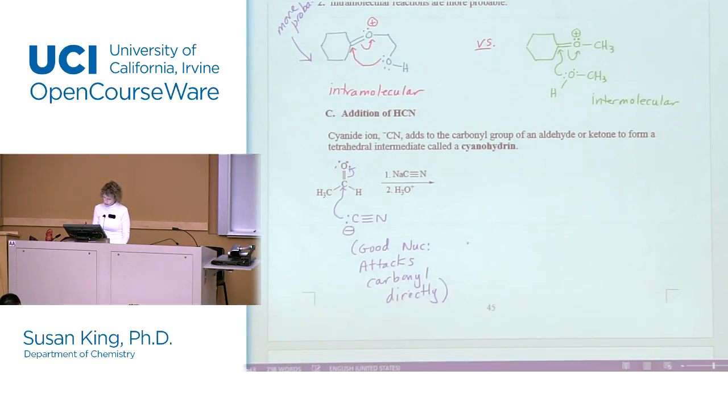And once it attacks the carbonyl, what do we get? We get a deprotonated cyanohydrin, so we have a negative charge on oxygen. We've just formed a new carbon-carbon bond, so this reaction needs to go on your carbon-carbon bond forming page. And then in the second step, we add acid to protonate.